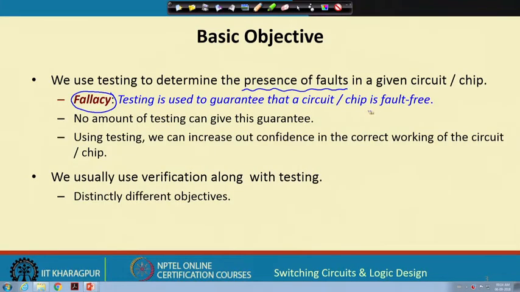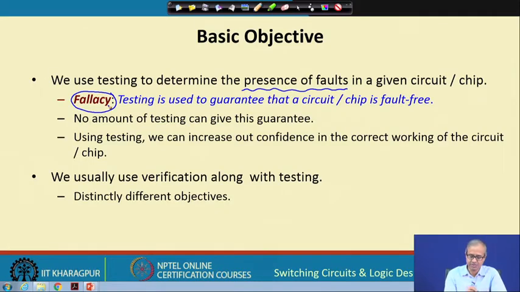You can, for example, test and find out that your circuit is working perfectly at room temperature, but as soon as you increase the temperature by 5 degrees Celsius, your circuit fails. So, it is not possible to test the circuit against all possible environmental circumstances: temperature, humidity, there are so many parameters, and then fluctuation in the supply voltage. So, testing to guarantee that a circuit is fault free is a false statement. No amount of testing can give this guarantee.